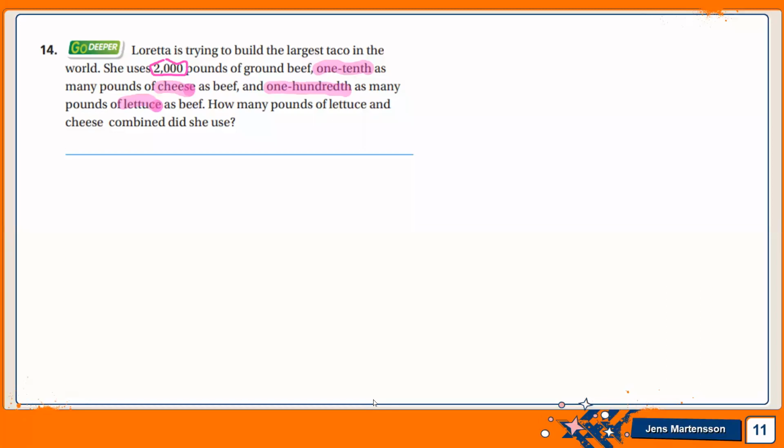Then they asked you now, how many pounds of lettuce and cheese combined did she use? So what do you have to do first? First of all, you have to find how many pounds of cheese.